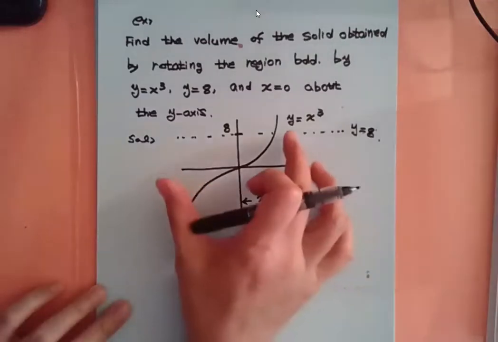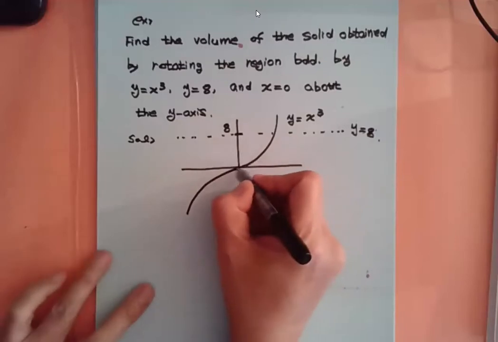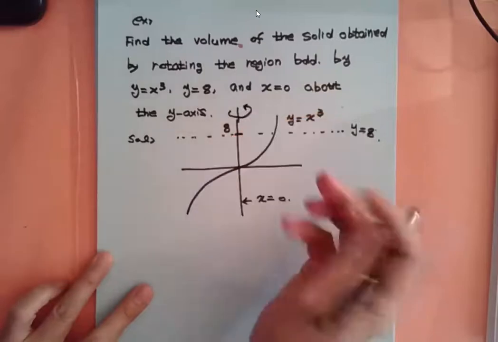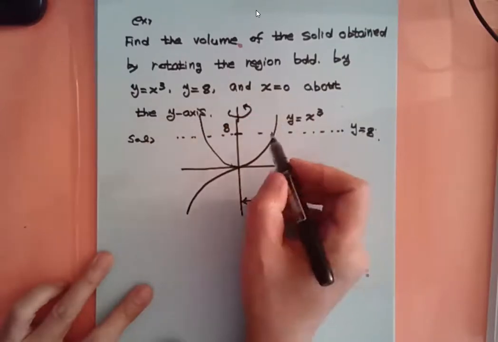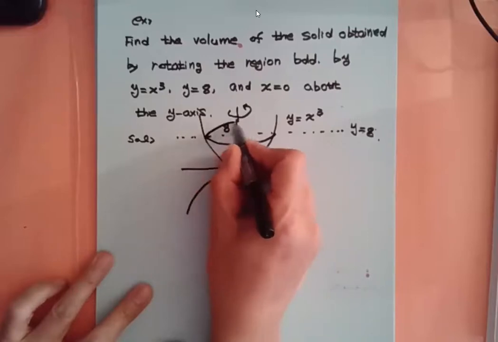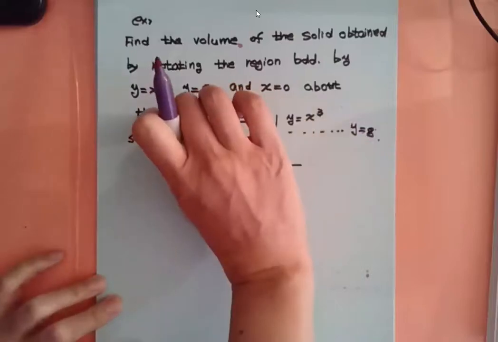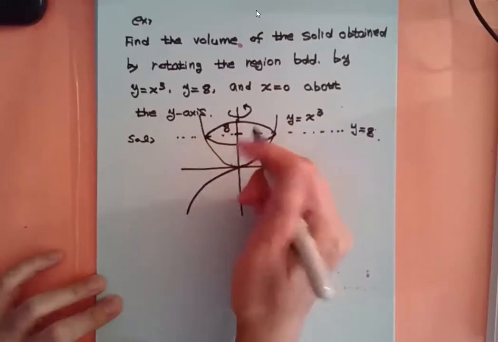We are rotating y equals x cubed around the y-axis, so it'll rotate this way. So the object looks like this. And this time, it is rotating this way. So this will be the bottom and the thickness will be this amount, right?